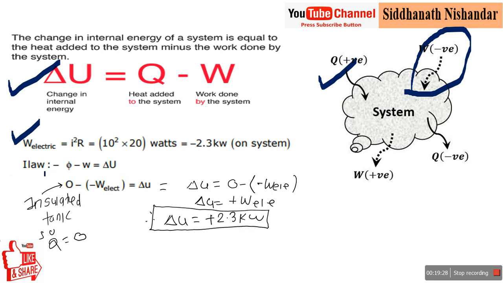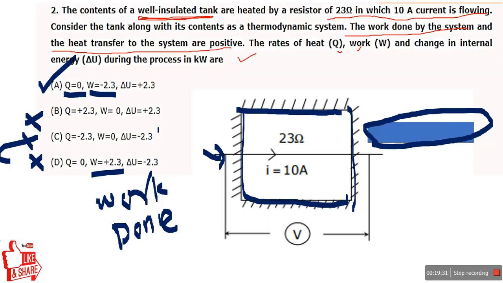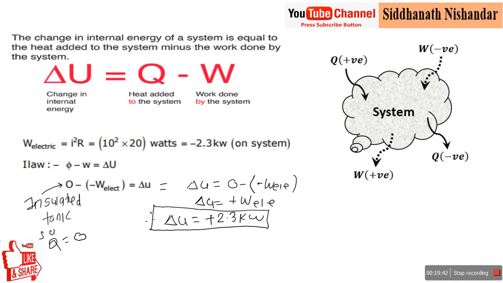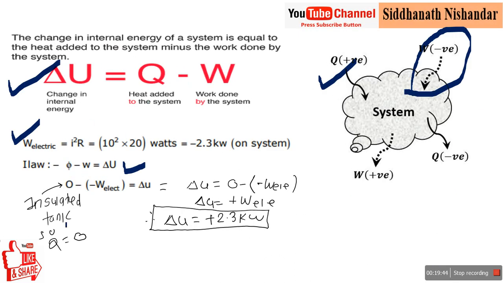They ask three values: Q is 0 because the tank is insulated, electric work done on the system is minus 2.3 kilowatt, and by using the first law, the unknown change in internal energy is around plus 2.3 kilowatt.